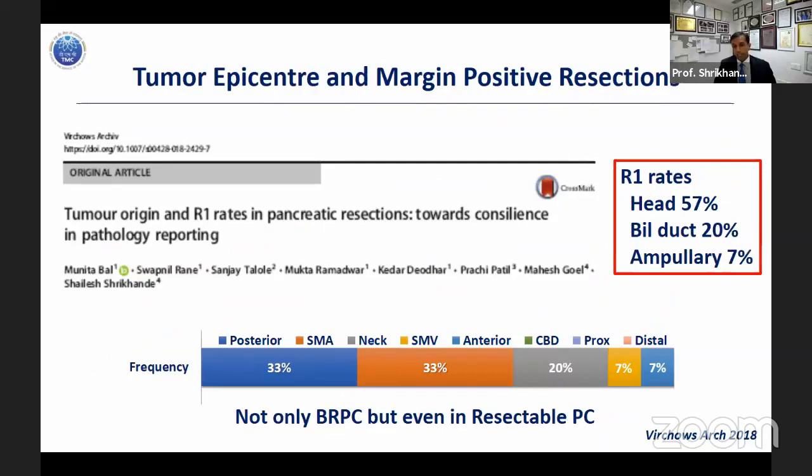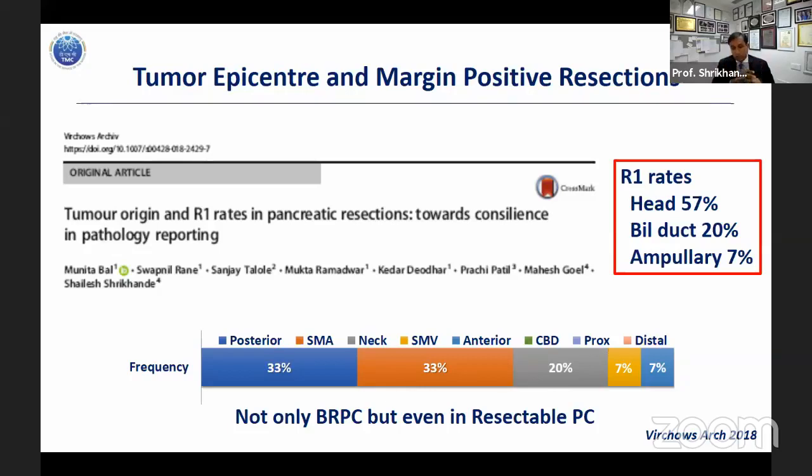And we have looked at the same with our own data, with our dedicated pathology team at the Tata Memorial. This is more than 160, I think 181 cases, looking at our R1 rates following Whipple resection and comparing it with the tumor epicenter. Even in pancreatic head cancer, it's 57%, which is in keeping with what you see all over the world. But even for bile duct cancer, it is 20%.